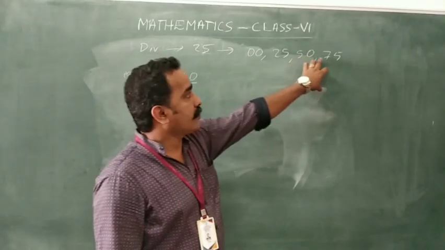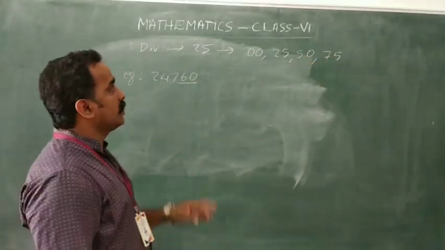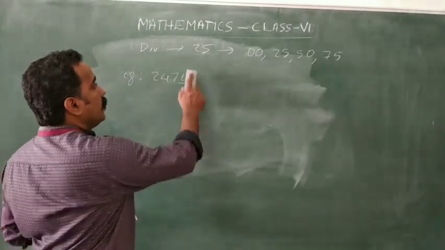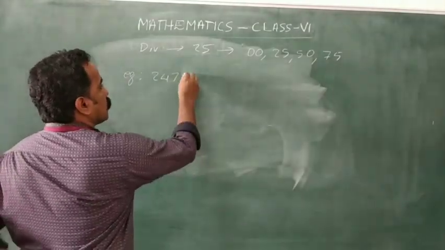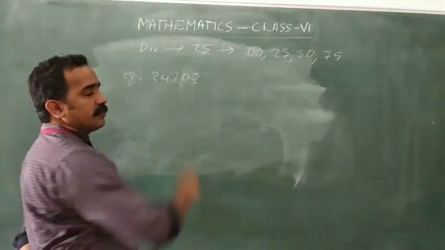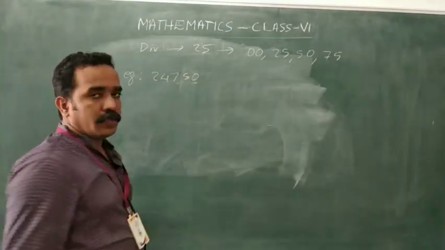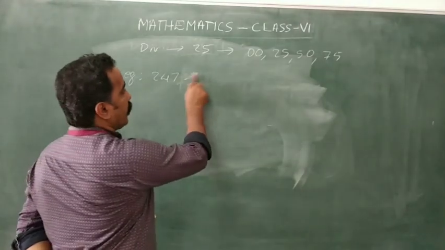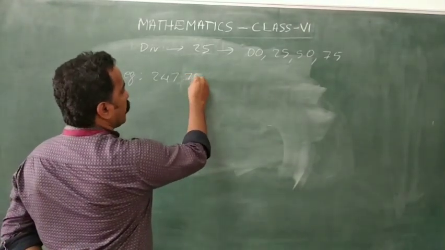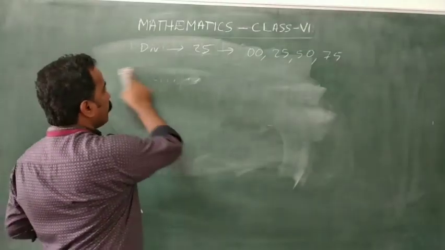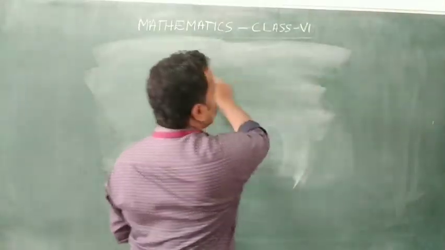If either of these pairs of digits comes in the last places, that number is divisible by 25. Suppose here it is 00, then the number is divisible by 25. If it is 50, then also it is divisible by 25. If it is 75, then it is divisible by 25. So that is the divisibility test by 25.